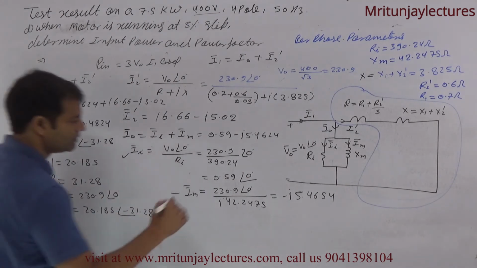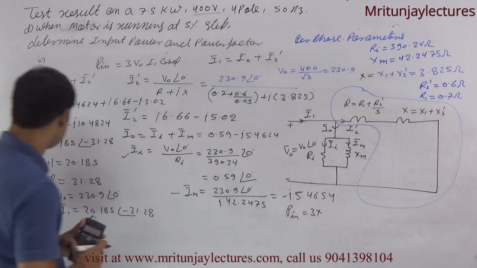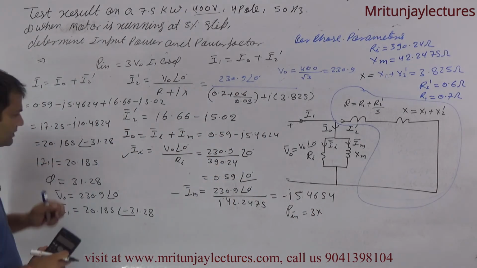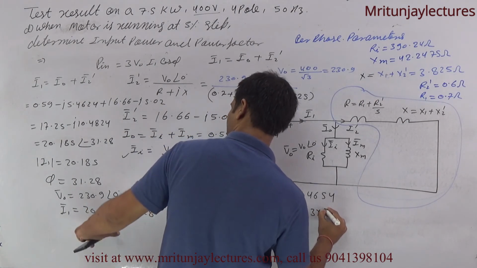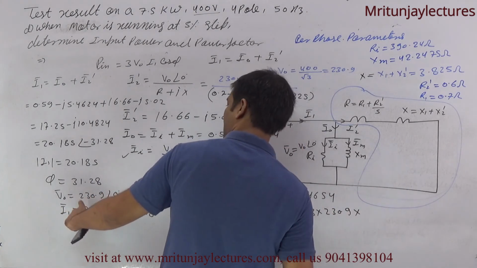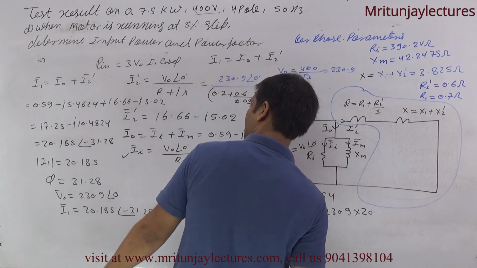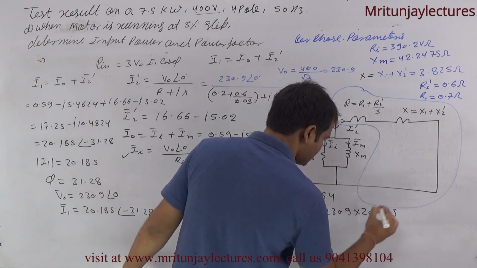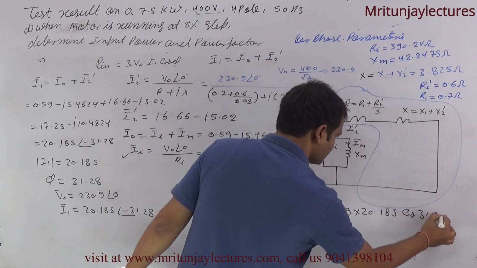So what about P in? That is 3 into per phase voltage 230.9 and per phase input current 20.185 into cos 31.28.